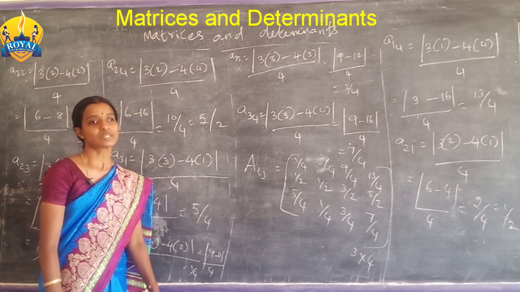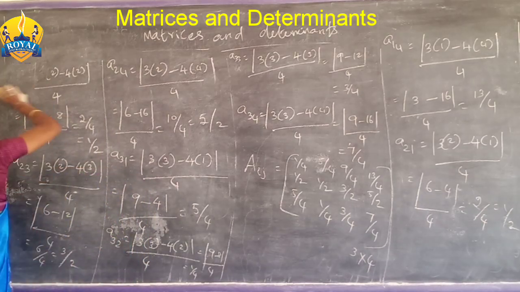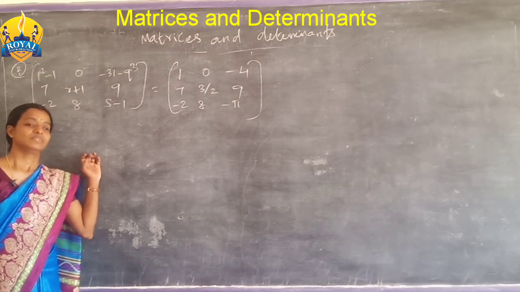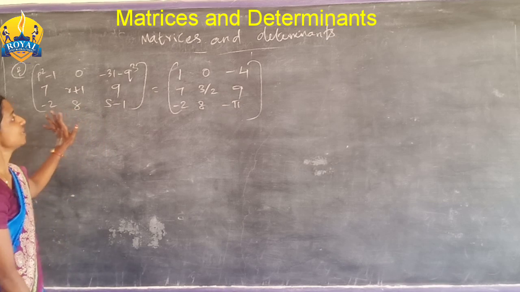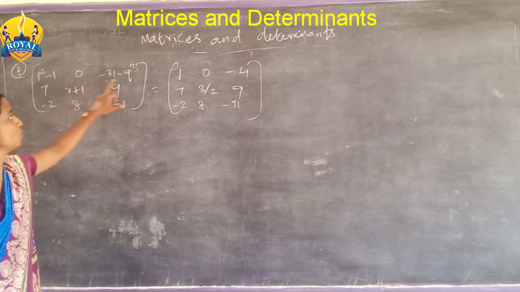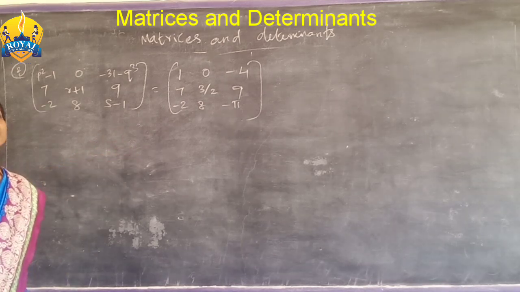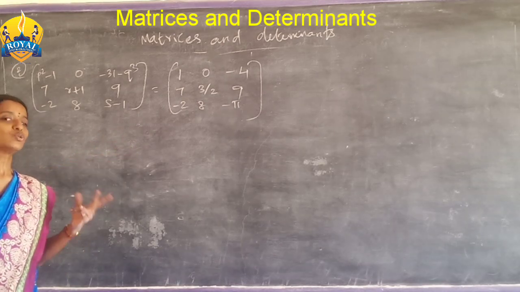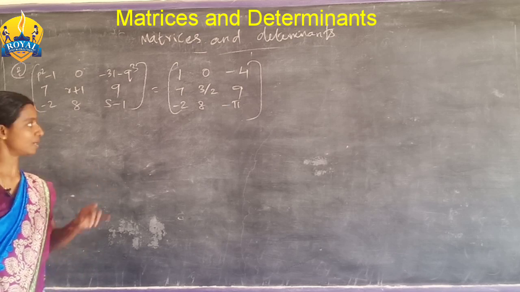Now let us get into the second problem. We are supposed to find the values of P, Q, R and S. Already we have learned the equality of matrices. Two matrices are said to be equal if they are of the same order.